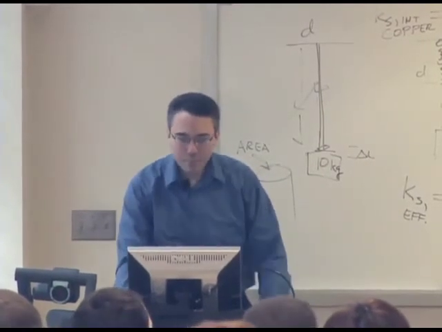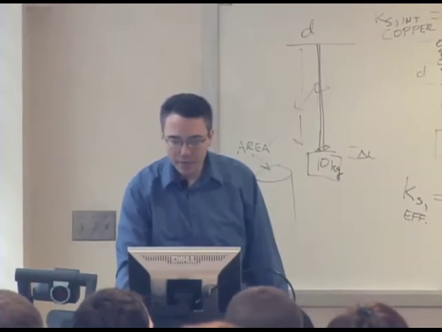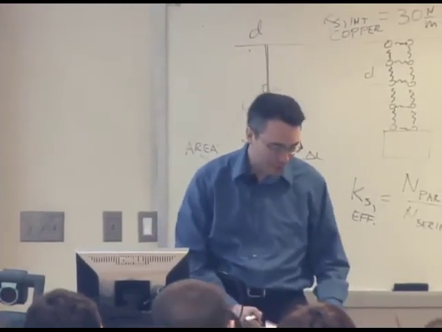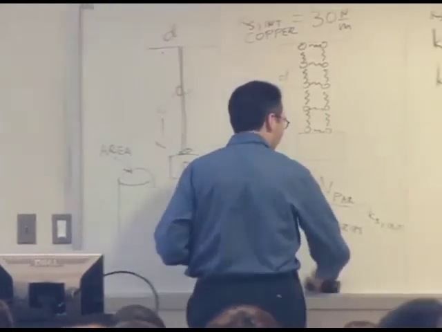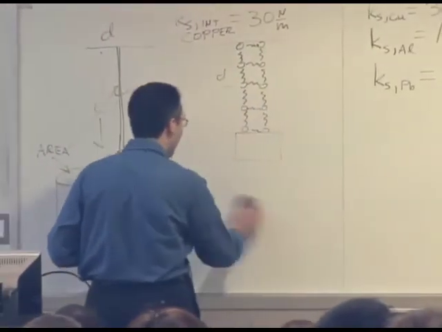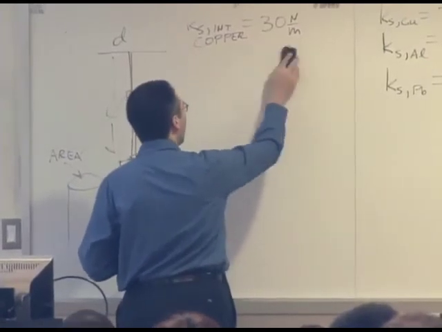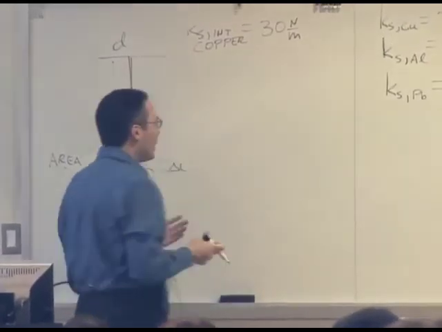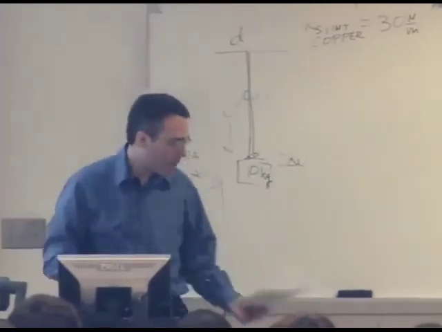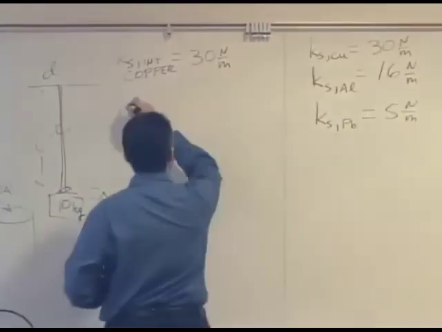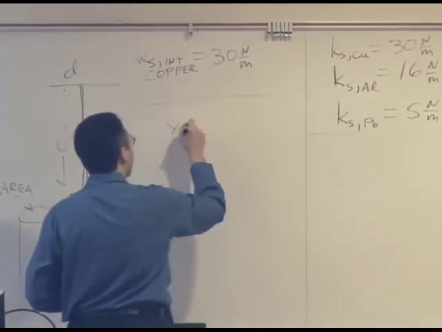Okay. Let's look at a different way of talking about the elastic properties of a material. If you try to do some research or look something up in a table or online about the elasticity of a metal, they probably wouldn't give you the interatomic spring constant. They'd probably give you some other property of the material, which we're going to call Young's modulus.